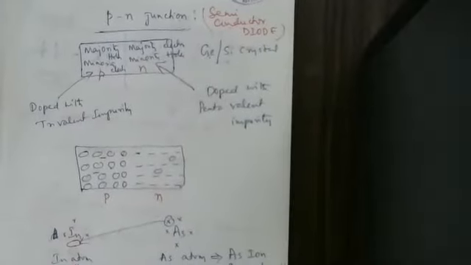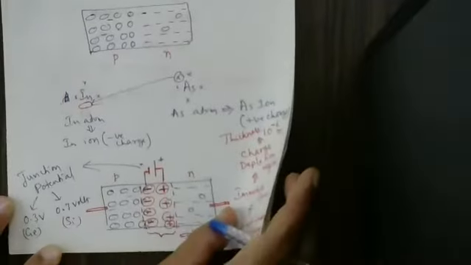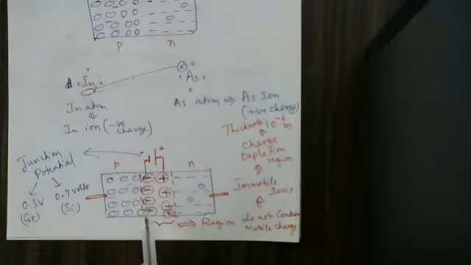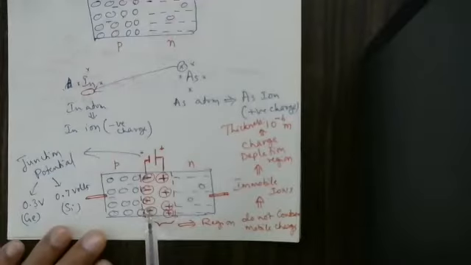Okay. So I told you last class about the PN junction. This is a PN junction, a semiconductor diode. Already we have come across it. In the border between P and N, there is a region which does not contain mobile charges.